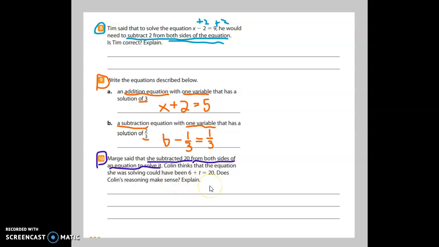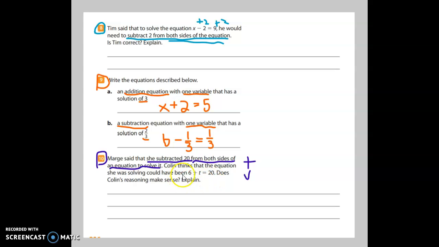So it is an addition problem, so he's got that going for him. He is right that it would have to be an addition problem because Marge subtracted 20. So that means that it had to have been an addition problem. Colin's right in that sense. But that's where he stops being logical. This is an addition problem and it does have a 20, but this 20 is not attached to a variable.